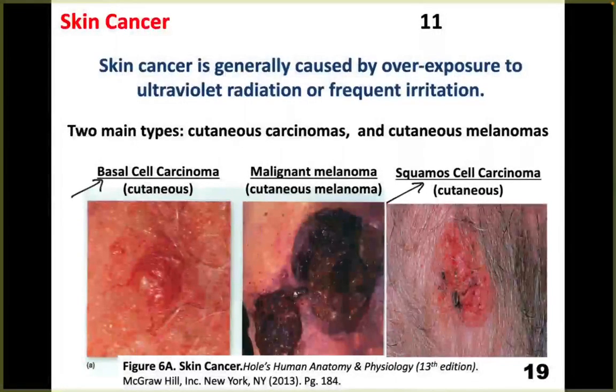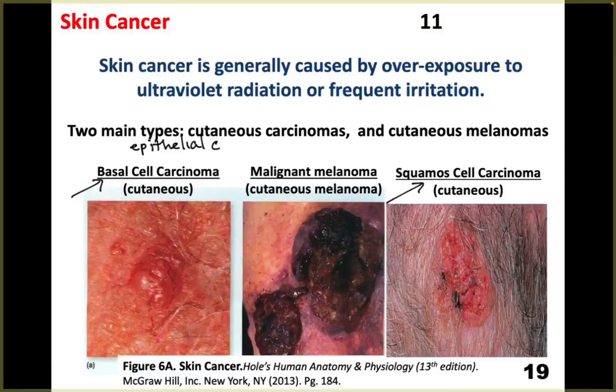And so we know both of those. And so carcinomas, these are both going to originate in epithelial tissue. This is the most common type, both of these.